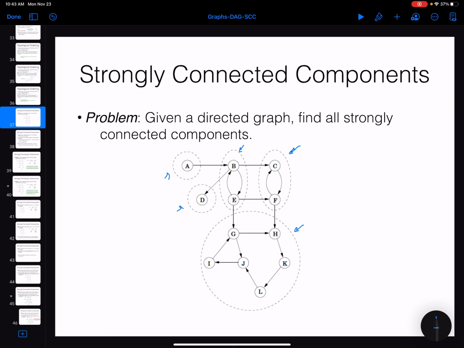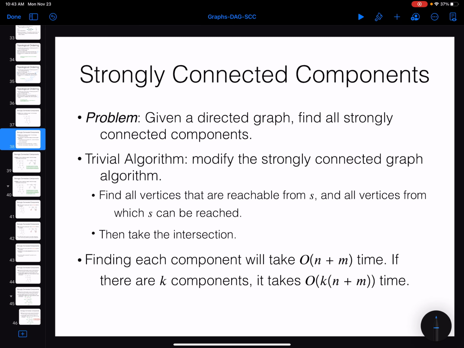Remember, the algorithm that we discussed there was to randomly choose a node, run the BFS or DFS from this node, and check if all the nodes are reachable from it, then create a reverse graph, run the BFS or DFS over the same node again, and check if in the reversed graph S can again reach all of the nodes, which means that all the nodes in the original graph can reach S. This tells you if the graph is strongly connected or not.